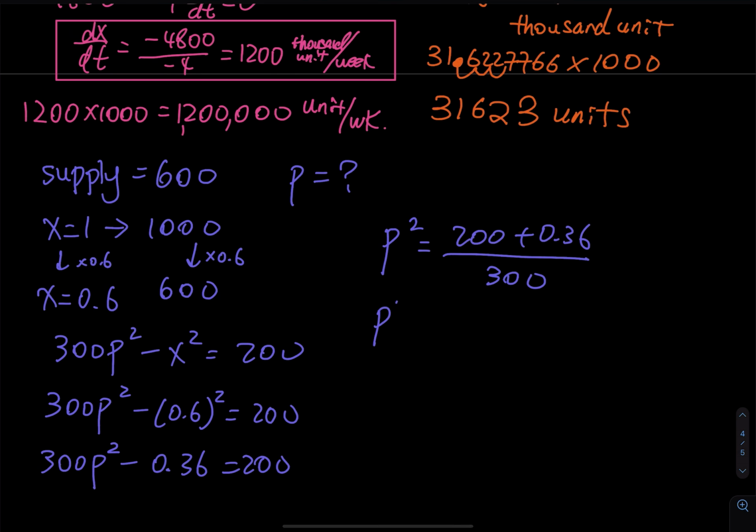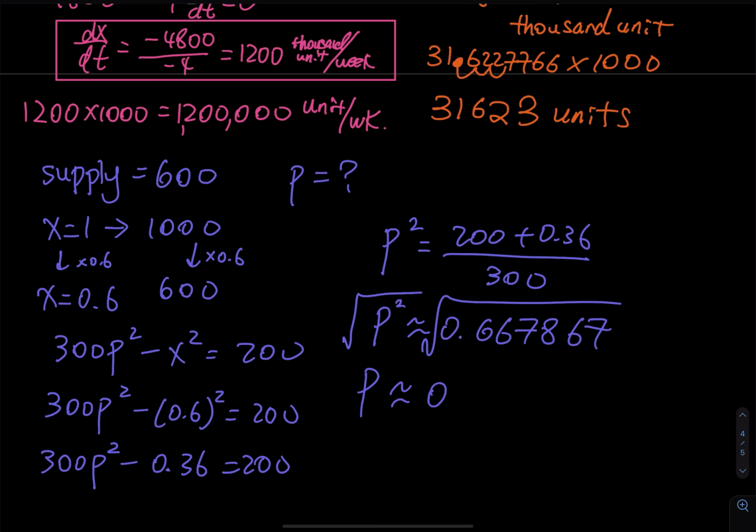So this one I already rounded up to 0.667867, and then when you take the square root on both sides, p is approximately equal to 0.8172, and then this one is in dollars.